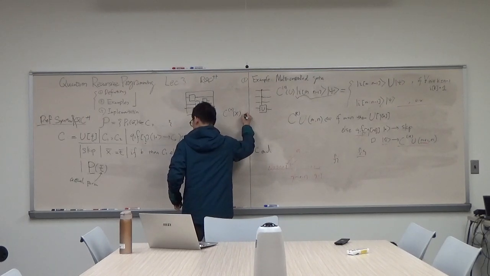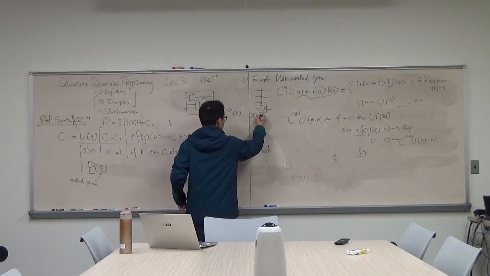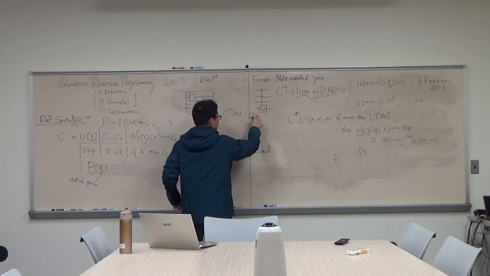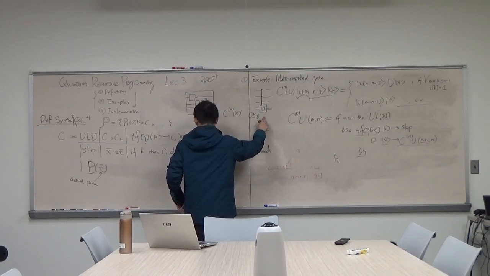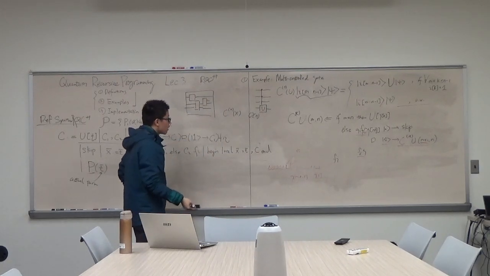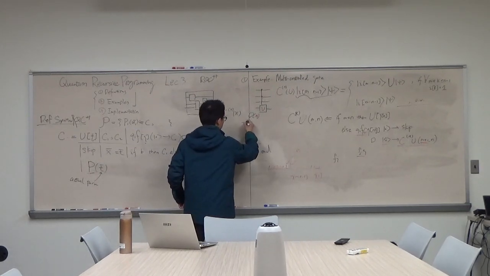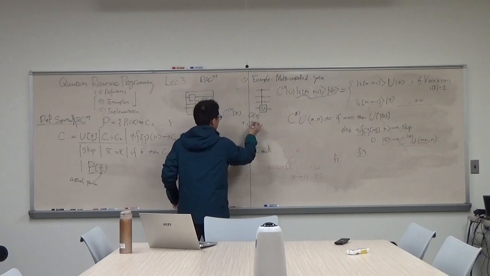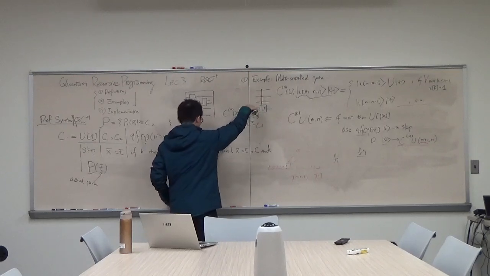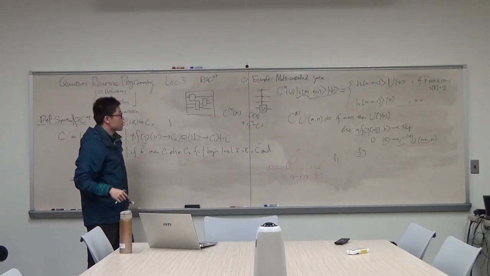I think it can be decomposed into a circuit of O(n) 1- and 2-qubit gates, using an additional controlled-U. So you only need this one. That's the standard circuit decomposition of this unitary.